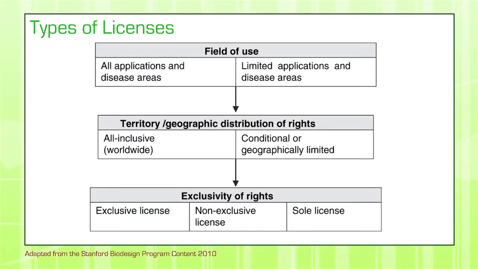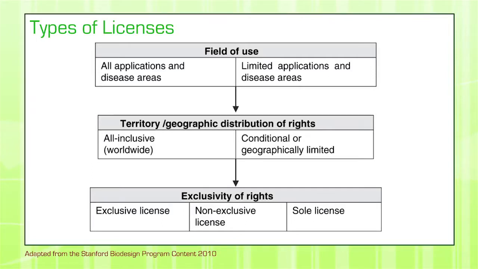If we think about the field of use of a license, it could be either for all applications and disease areas, or it could be limited to a certain application or disease. This is important to consider for two factors. One, if the inventor wants to use that same license for another application that is not in the scope of development of the company that is getting the license, he might push for a limited application and disease area use.